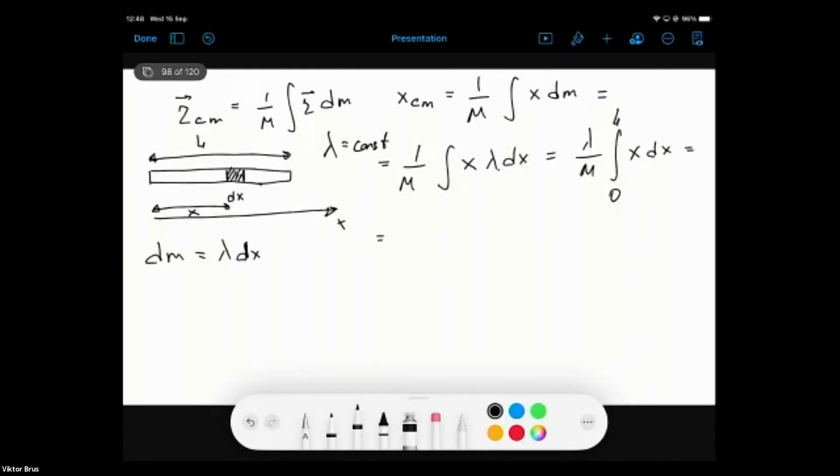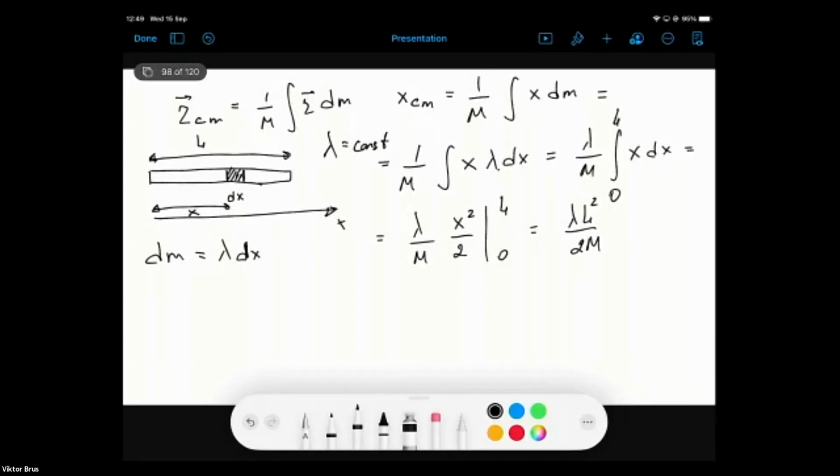And this will be equal to lambda over M times x squared divided by 2 from 0 to L. Now, if we substitute these limits, we get lambda times L squared divided by 2M.